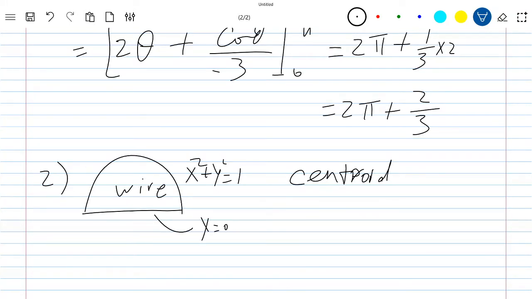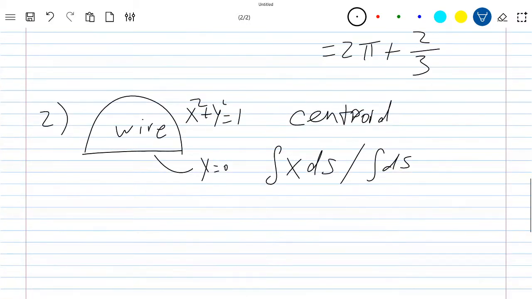Well, we need to find the integral of x dm, and in this case dm is just ds because the density is assumed to be 1 over the entire arc length, and this will give you x bar. But by symmetry, we know the center of mass should be somewhere here, so this must be 0.